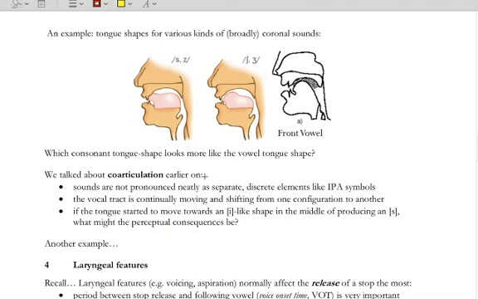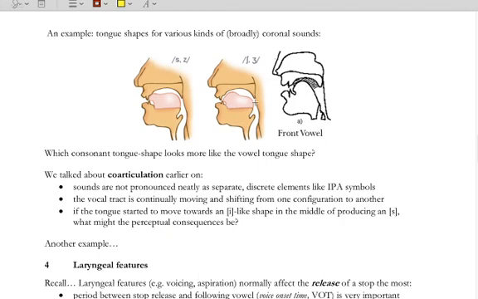We talked about co-articulation already in this class, and this refers to the idea that sounds are really not pronounced neatly as separate discrete elements like IPA symbols. Instead, in real life, when you're actually speaking, the vocal tract is continually moving and shifting from one configuration to another. So if you have a non-anterior fricative followed by an E-like vowel, then there's not going to be so much movement.